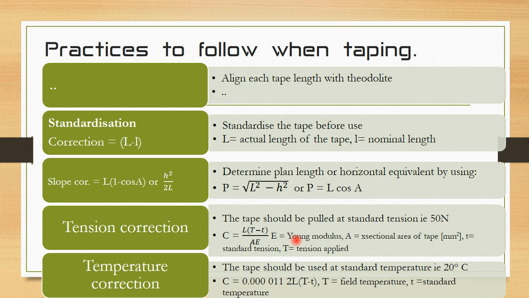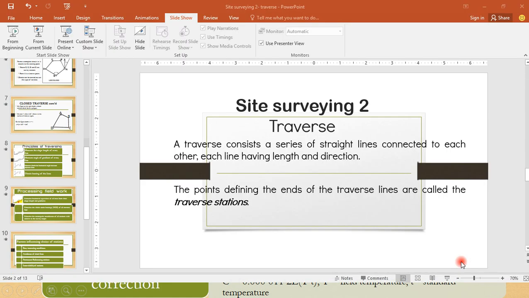Then after that, we'll be discussing the calculations of traverse. That is, how do we determine the bearing? How do we determine the area? How do we determine the coordinates, or how do we correct the coordinates? How do we calculate the change in latitudes and departures and all those things? All those things will be discussed in our subsequent lessons. Thanks for your attention today.